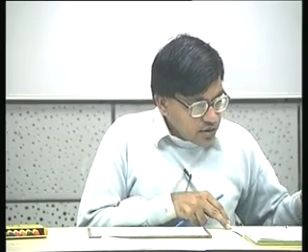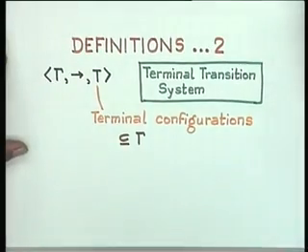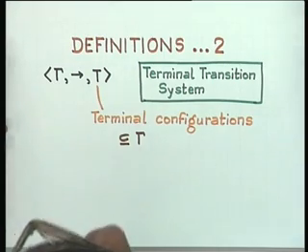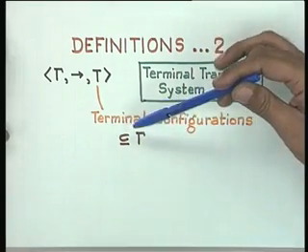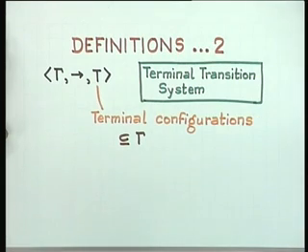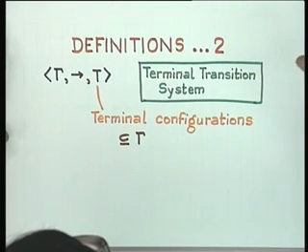As in the case of some of the transition systems you have already done under various other names, you can also define a terminal transition system as a transition system in which there is a subset of configurations T which are called halting configurations or terminal configurations.